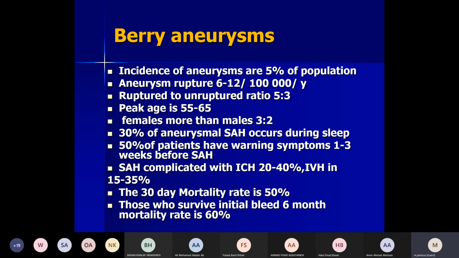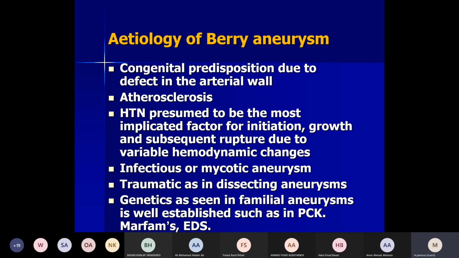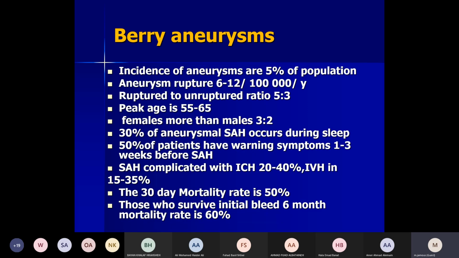Subarachnoid hemorrhage can be complicated with intracerebral hemorrhage in about 1/3 of the patients, and by intraventricular hemorrhage in also about 1/3. The 1-month mortality rate reaches up to 50%.